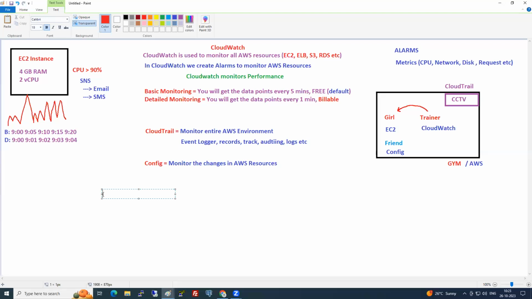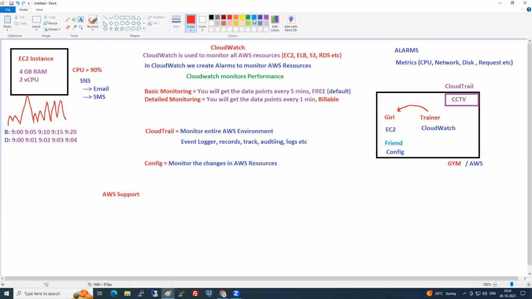For every service provider, there will be customer support. For AWS also, we need to have AWS support, right? If you have any issues with AWS, you can connect to customer support. So here also, we have something called AWS support.